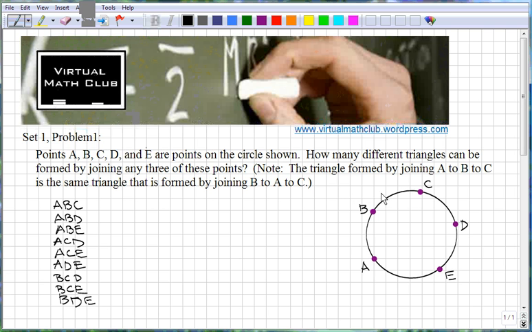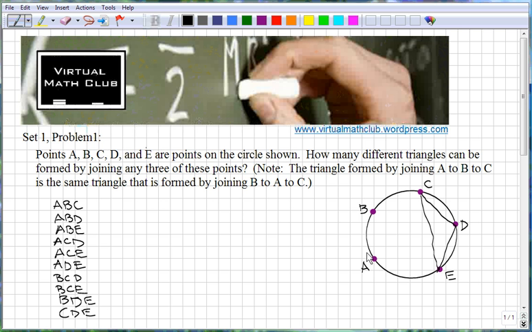So let's move on to point C. Connect C to D, and the only triangle that we don't have is CDE. So let's list that here. CDE.